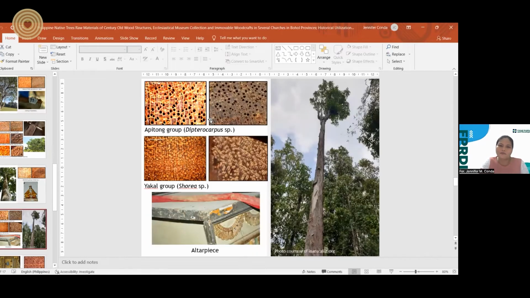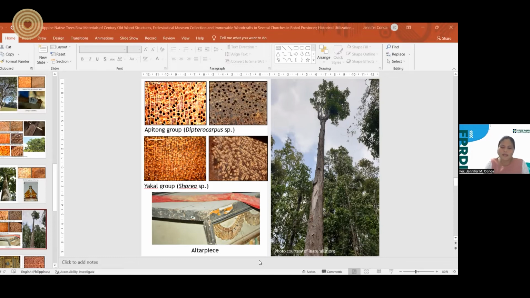Other species are Dipterocarpus and the Shorea group. So, when we did the cross section of an altar piece, we identified them as Dipterocarpus species. They are under medium strength to high strength woods with a reddish brown heartwood and moderately coarse texture.